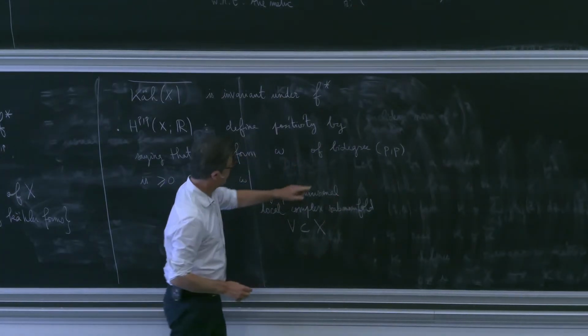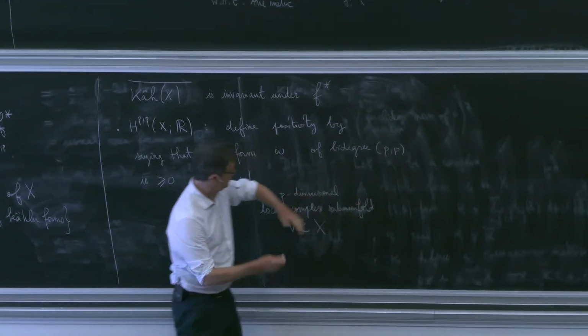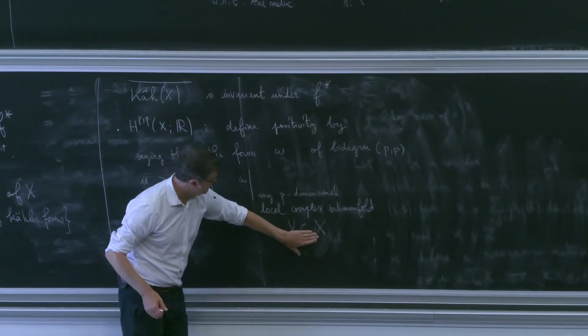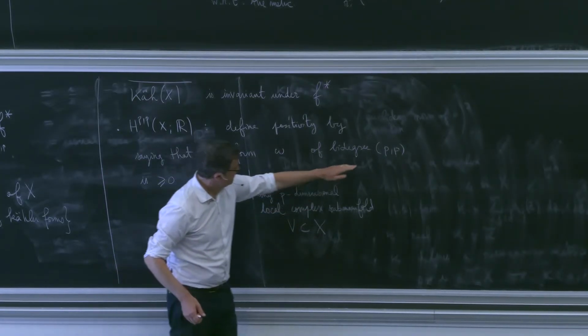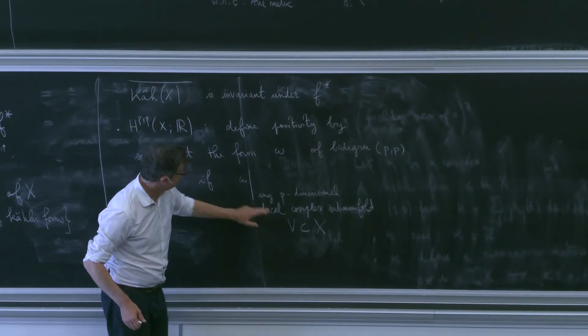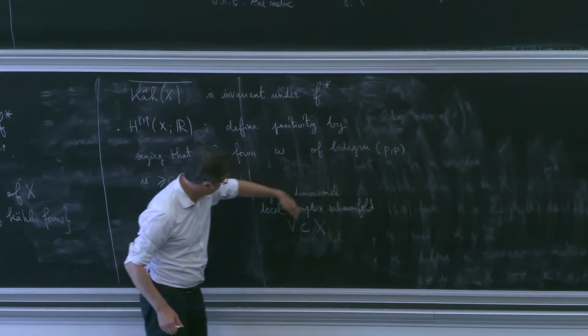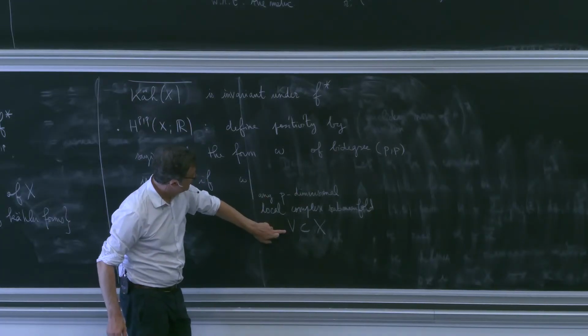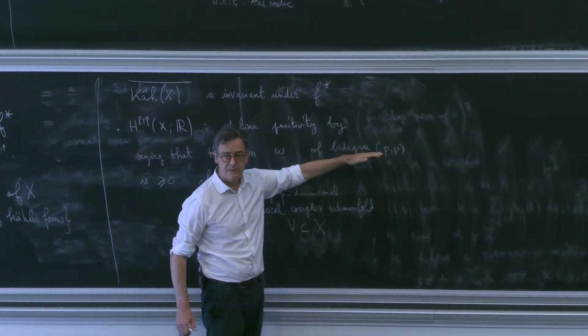So you start with a (p,p) form on something which is X, which has dimension m. But now you restrict to something of dimension p. So you get a (p,p) form on something of complex dimension p. So it's a top form. It's a volume form.